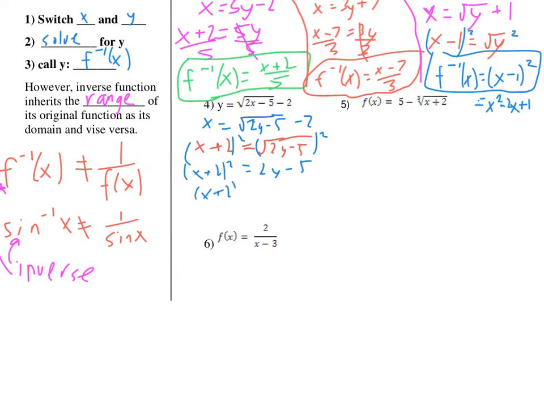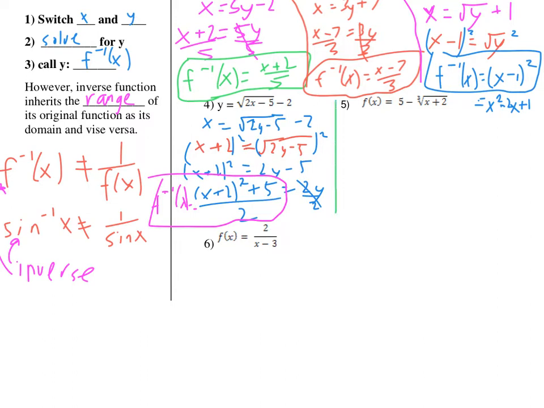I'm just going to go ahead and leave this in the parentheses like that. And then we'll divide by 2. And so that is my final function there. I'll go ahead and just label it as f inverse of x equals, out front, and there we go, x plus 2 in parentheses squared plus 5 all over 2. Once again, you could expand that x plus 2 squared, but I don't really think it's necessary.